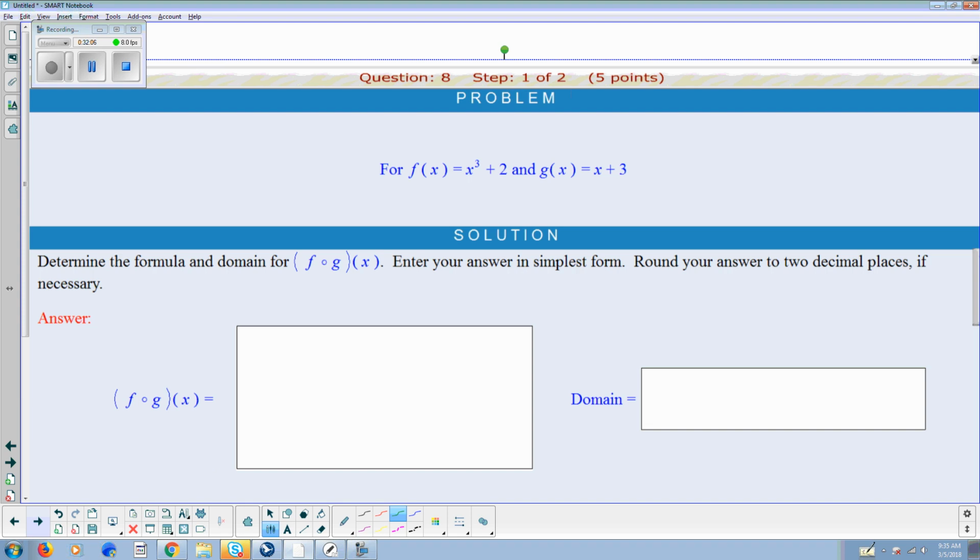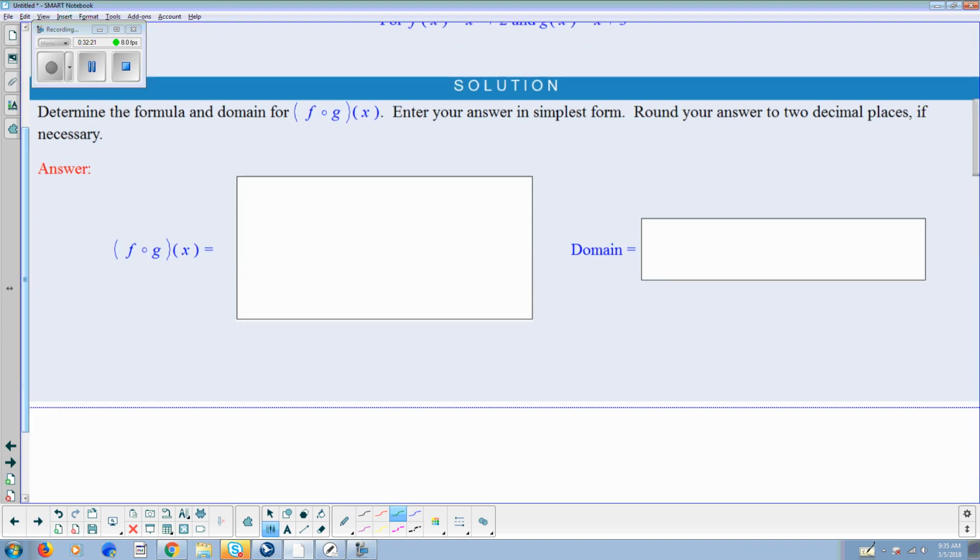Oh boy, question 8. Step 1 of 2, here we go. For f of x equals x cubed plus 2 and g of x equals x plus 3, find f dot g of x. F dot g of x means f of g of x.